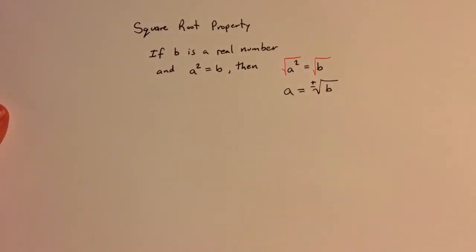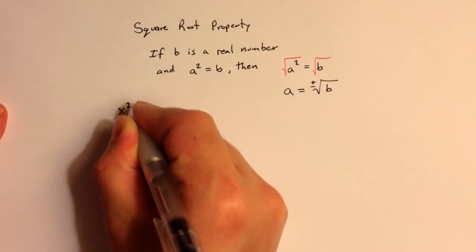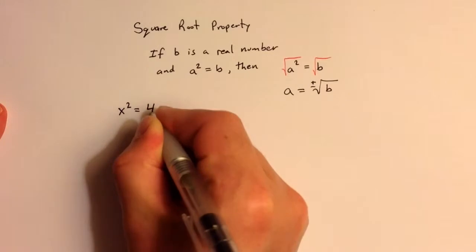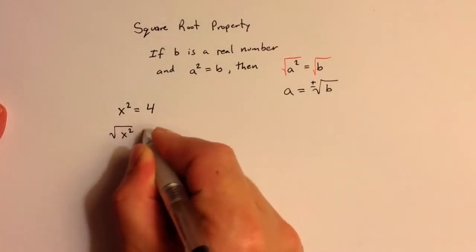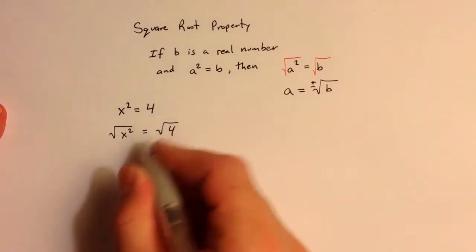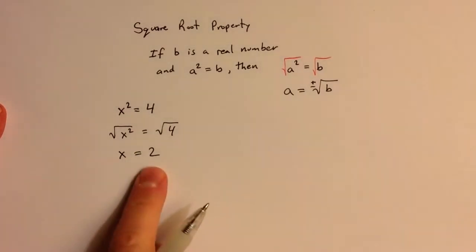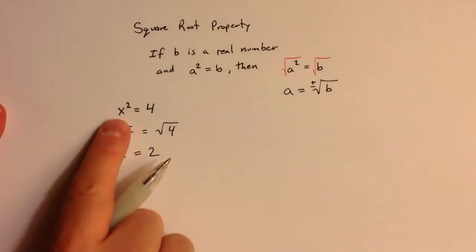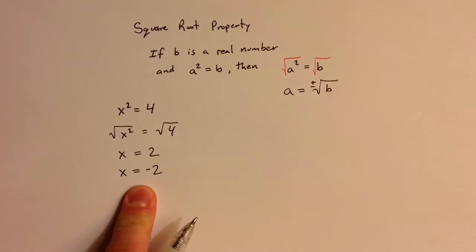To see this in a couple of examples, suppose we know that x squared equals 4. So if I take the square root of both sides, the square root of x squared and the square root of 4, I can see that x equals 2, but 2 isn't the only number that I can square to get 4. x could also equal negative 2.